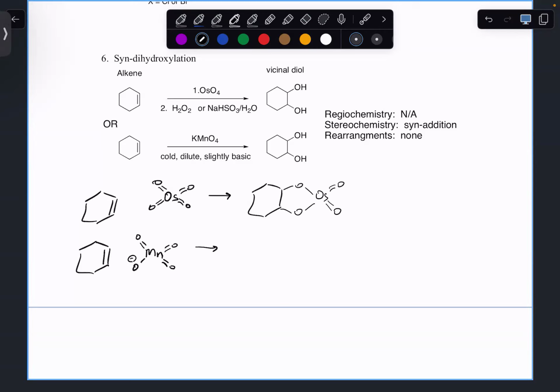And the permanganate would do the same thing. It kind of makes that same bridging type structure on the alkene. But in the second step of this osmium reaction, you need peroxide. And what that does is it's going to end up cleaving the osmate ester and giving you the syn vicinal diol.